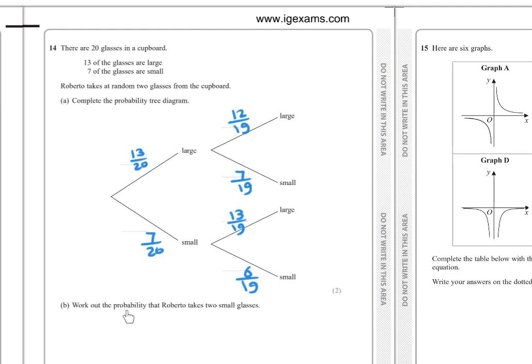B. Work out the probability that Roberto takes two small, so small and small, so multiply them. So 7 over 20 times 6 over 19 equals 21 over 190.